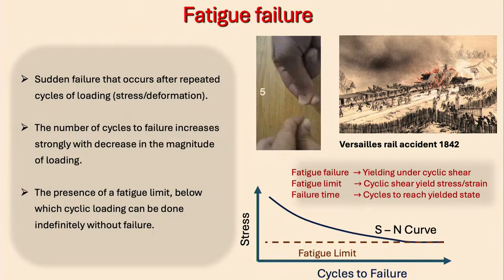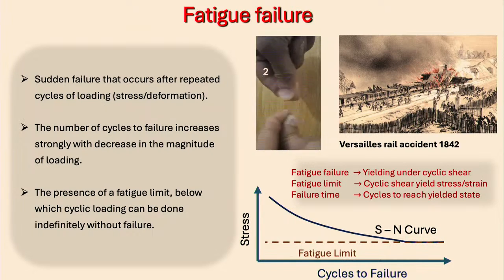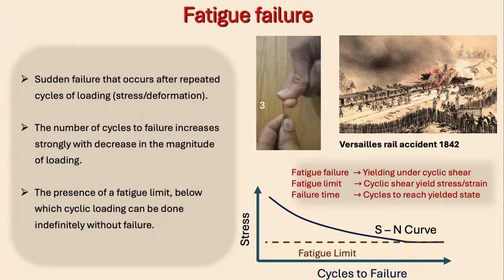But before moving on from this slide, here is a representation of this phenomenology where, depending on the amplitude of the stress that I'm applying, there are different numbers of cycles after which failure occurs, and this is represented in something called the SN curve. So the cycles to failure on the x-axis increase as stress decreases.